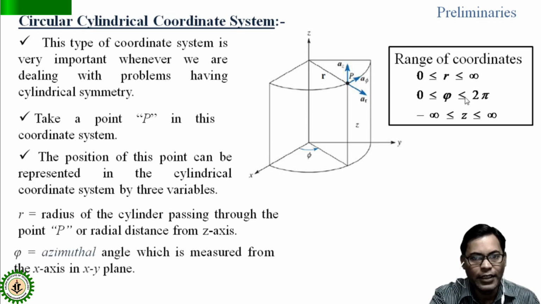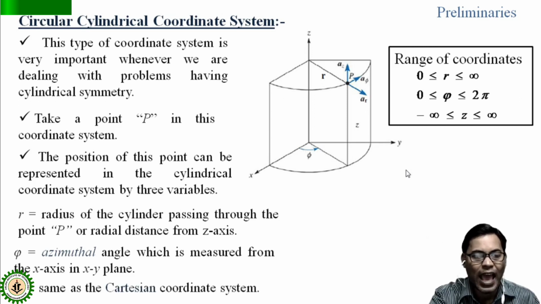Next is phi. Phi is called the azimuthal angle, and phi must be measured from the x-axis and on the xy plane. Here phi is the azimuthal angle, and z is the same as in the Cartesian coordinate system.